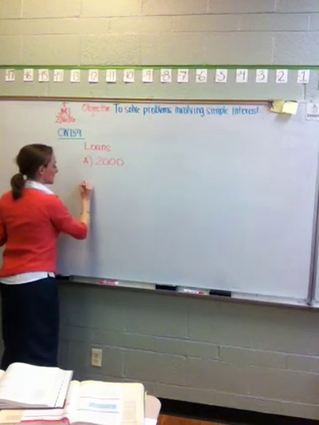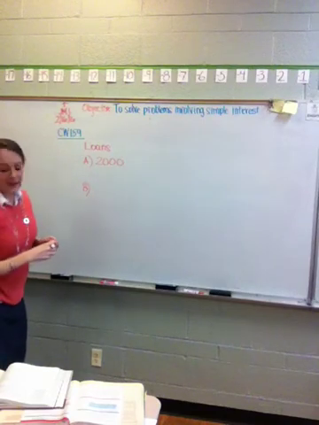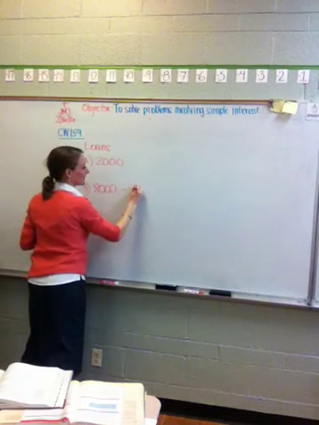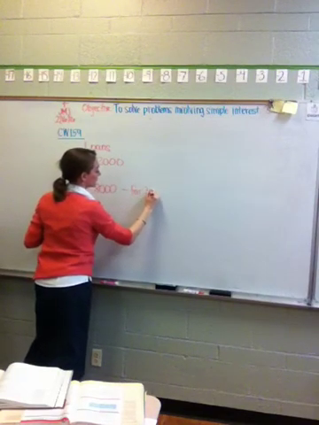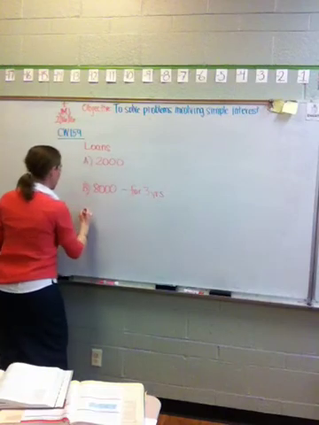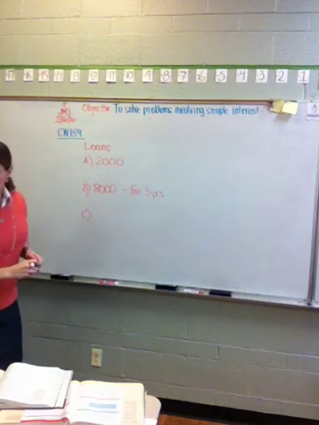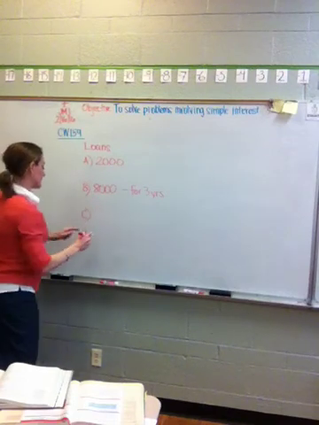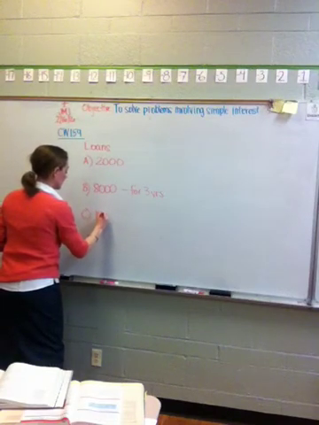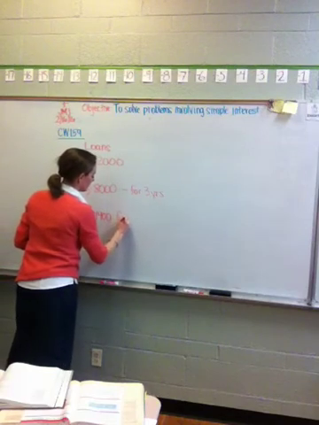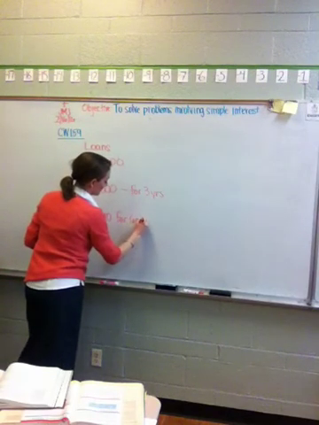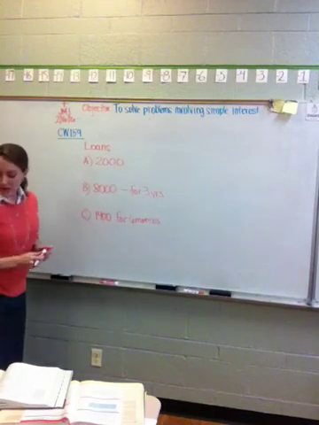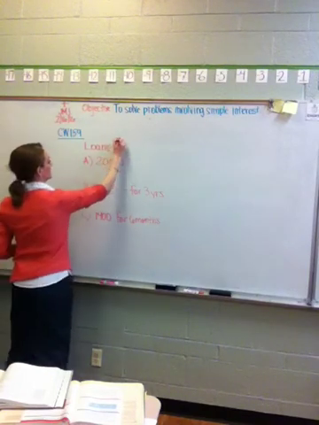B, you borrow $8,000 for 3 years. And C, you borrow $1,400 for 6 months. And your interest rate is 16%.